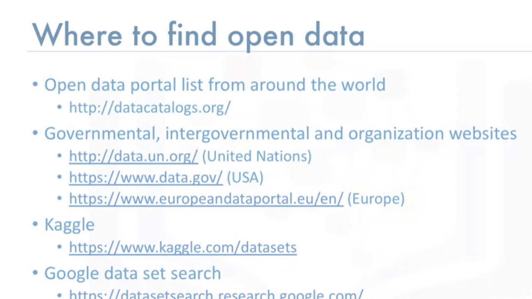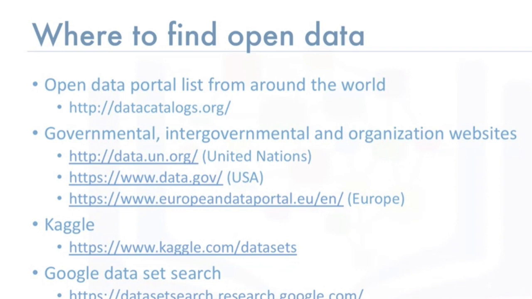So this leads to this list of sources where you can find open data. And so you will need this specifically for the final project where you are required to choose a data set to apply machine learning models and techniques to it.